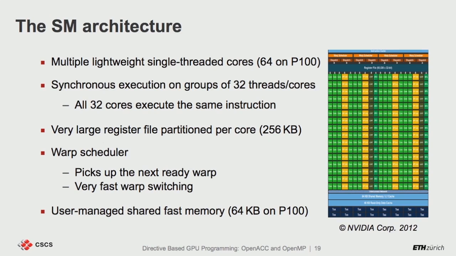So this is how the memory latency is covered. There is no such thing as the large caches that we have on the CPU. So you have to have lots of threads available to run so as to cover the latency.